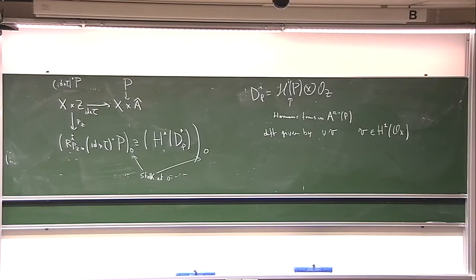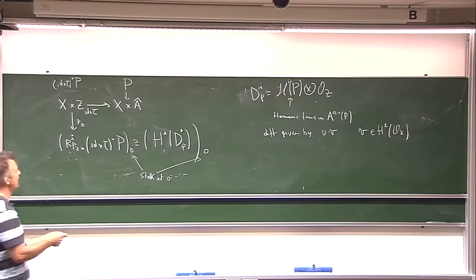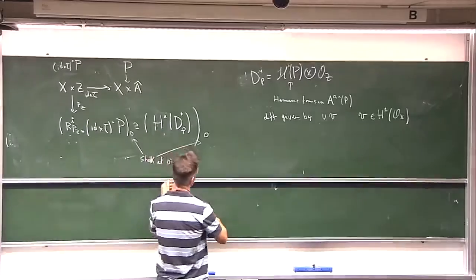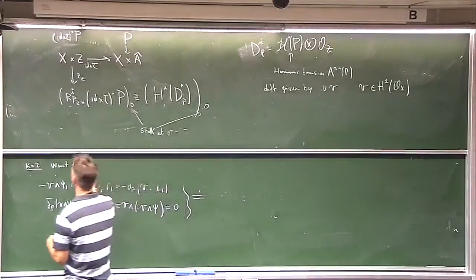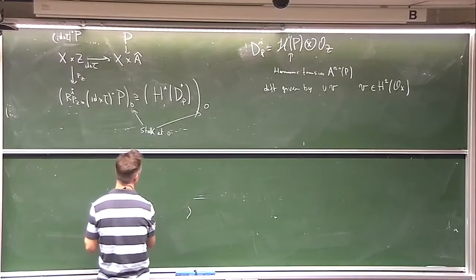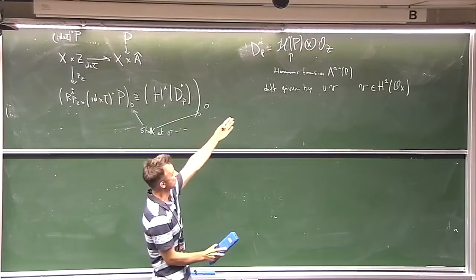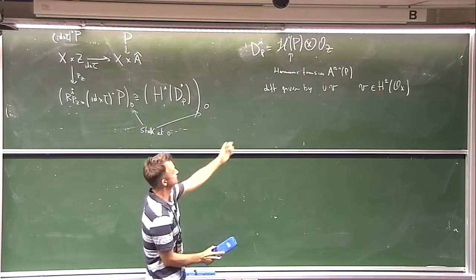So the consequence of this is that one can compute this very explicitly, because now you're just looking at a complex with specified differential.